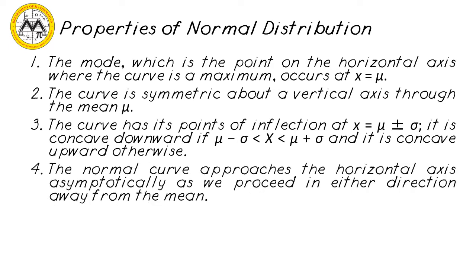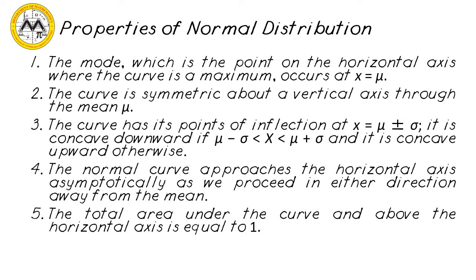The normal curve approaches the horizontal axis asymptotically as we proceed in either direction away from the mean, and the total area under the curve and above the horizontal axis is equal to 1, and the distribution is mesokurtic.